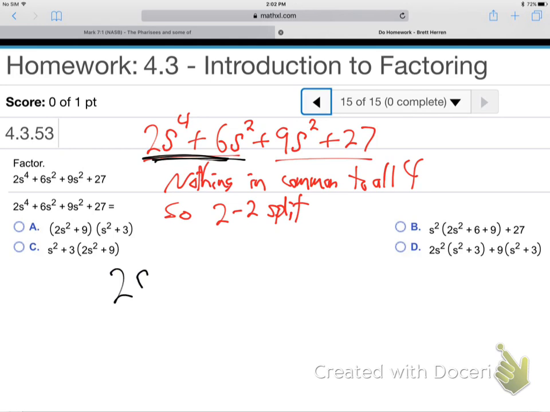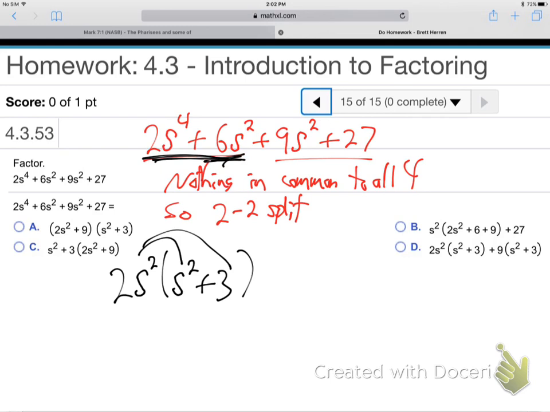Okay, so the first two, what goes into just those two? 2s squared. Right? And then what works with that? 2s squared times s squared, and 2s squared times 3. We go back to 6s squared, huh? Good so far?